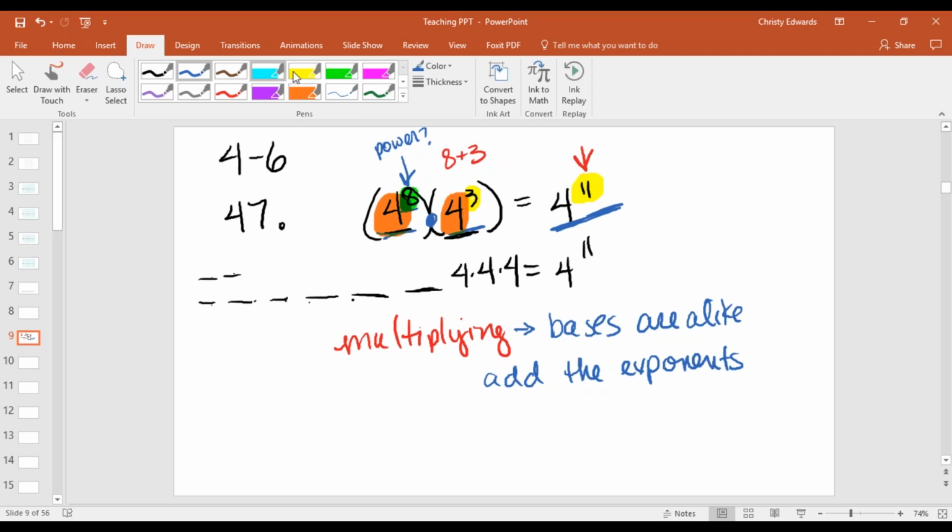But there are a couple things that we said were very important. First, you had to be multiplying, right? This 4 to the 8th had to be multiplied by 4 to the 3rd for us to be able to use 8 plus 3 and get 4 to the 11th. And that's because powers are little multiplication problems, right? 4 times 4 times 4 times 4 times 4 times 4 times 4 times 4.